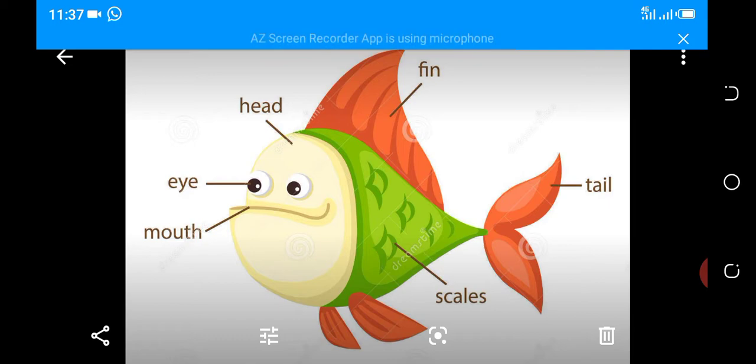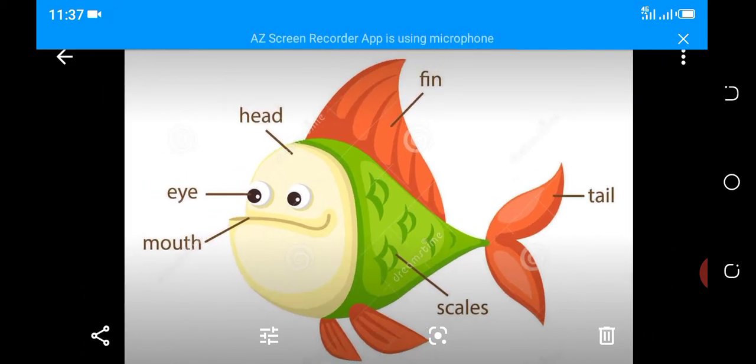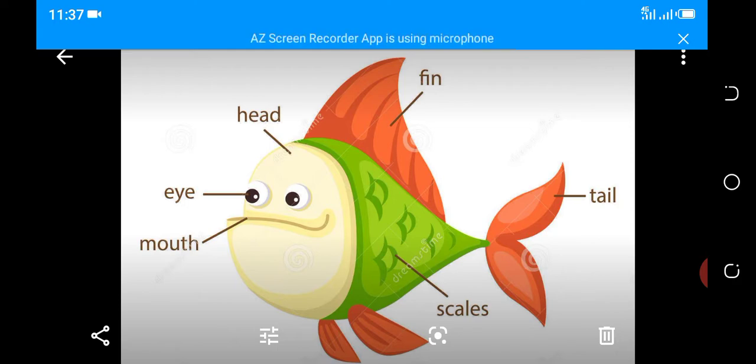They have the same characteristics. Today we talk about the group of fish. When I say the group of fish, that means they have the same or common characteristics.